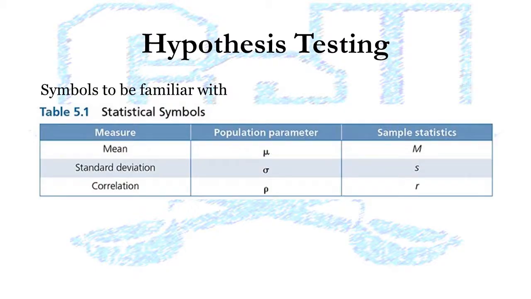Here's a short table from the textbook, table 5.1. Basically, these are just difference or change symbols to be familiar with. Whenever you see that symbol, I guess it's a micro. In chemistry, when you're measuring stuff, that little symbol means micro, but here we're using it for mean.